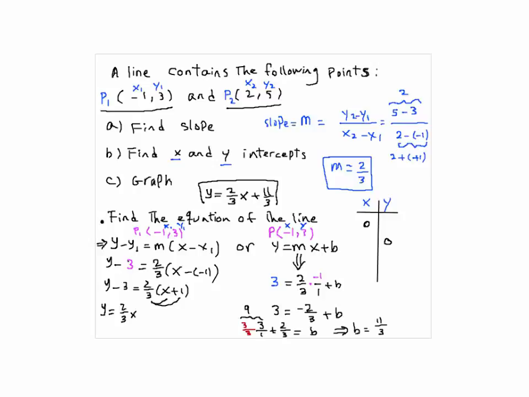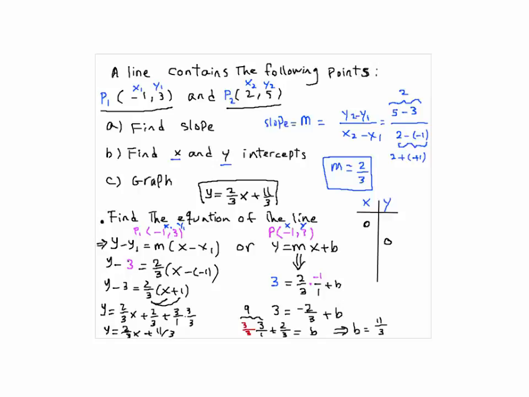Okay, plus 2/3 plus 3/1. You get the same exact answer, right? You get y is equal to 2/3 x, and then again LCD is 3 plus 11/3.